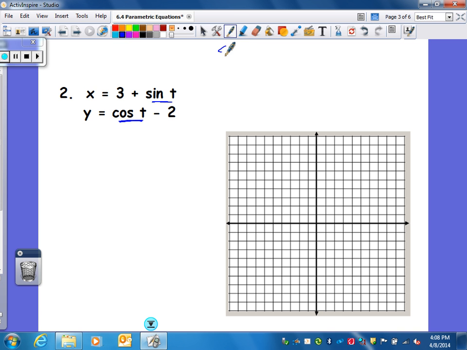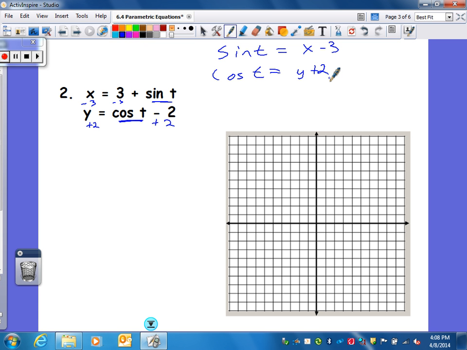So sine t is equal to x minus 3, and cosine t is equal to y plus 2. So that's pretty straightforward.